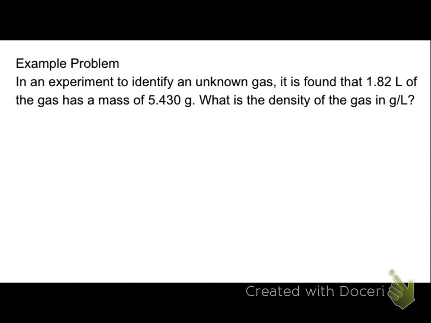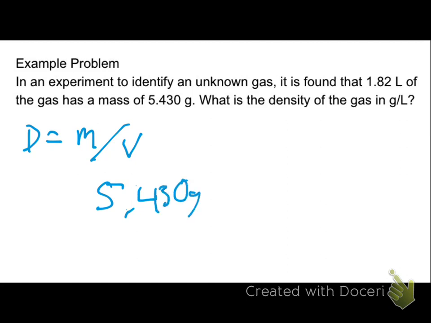So for this, we need to remember our equation for density, which we said density was equal to mass divided by volume. So then we're going to plug in our numbers here. Our mass was 5.430 grams divided by our volume of 1.82 liters.